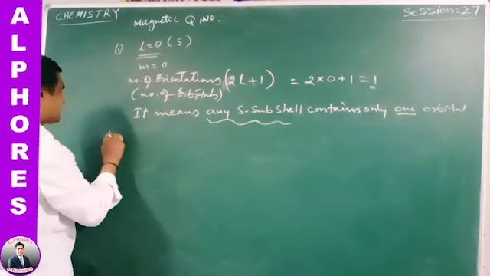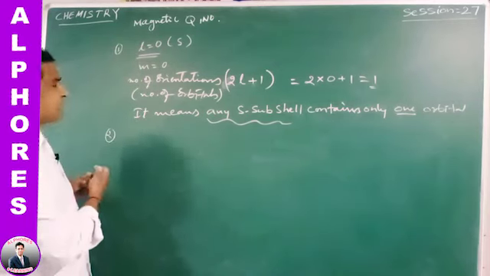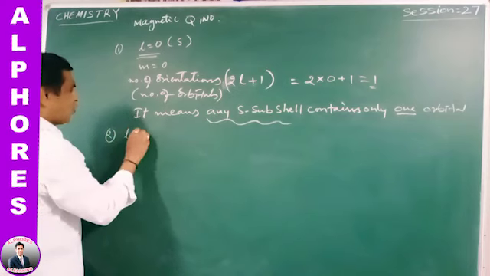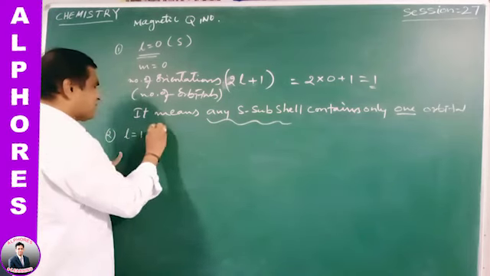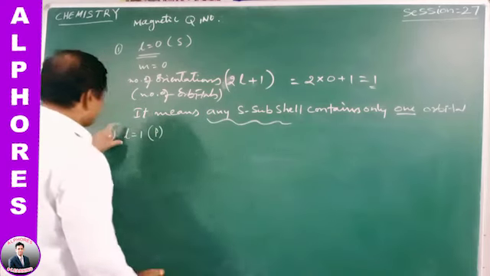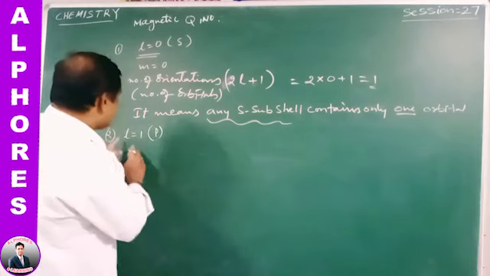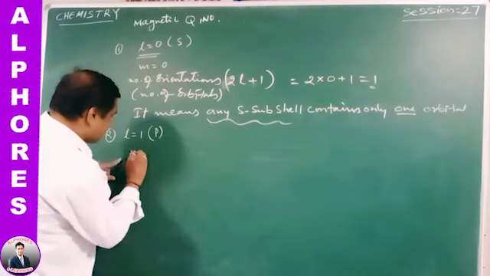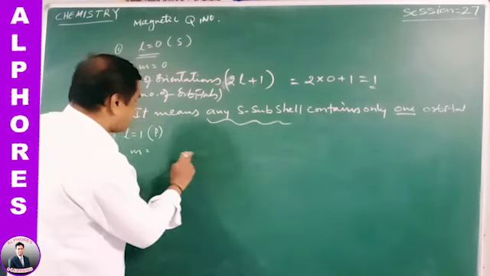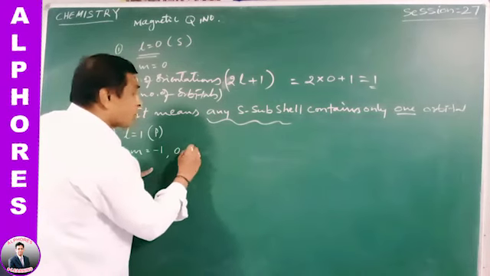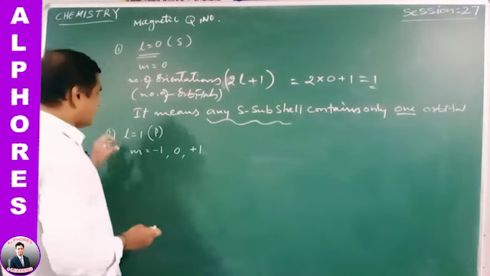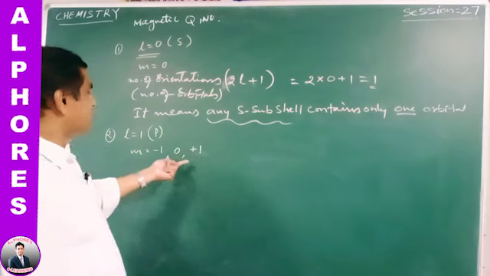Let us take the second example. L is equal to 1 means the subshell is the P subshell. What are the possible M values? M values range from minus 1, 0, plus 1, that means minus L to plus L including 0.